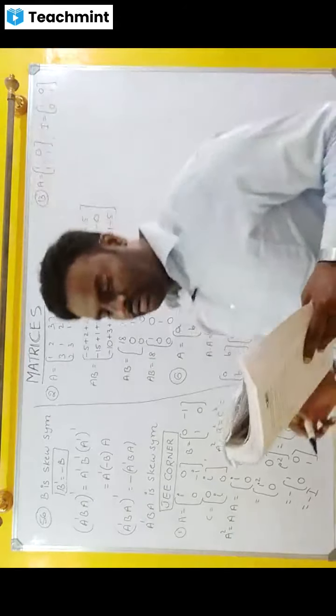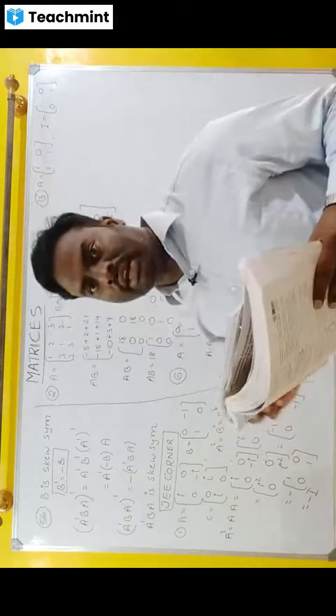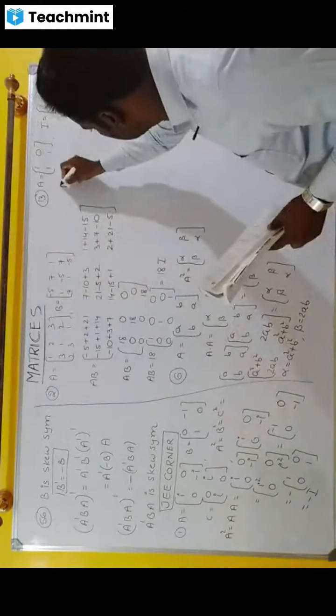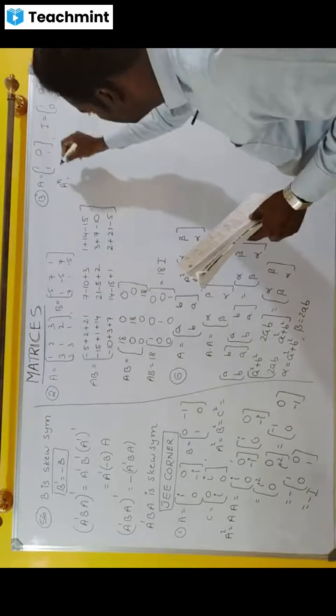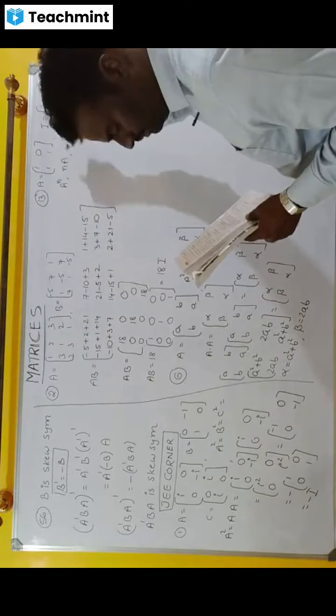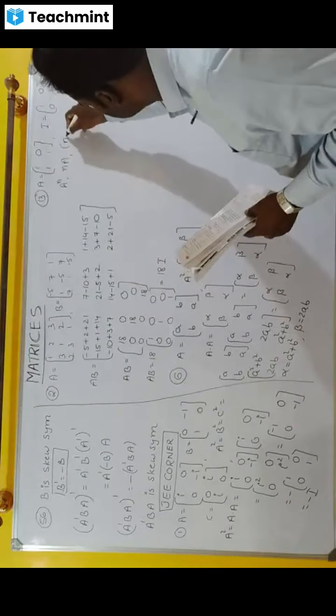Here we need to find one condition: A to the power n equals nA minus (n minus 1) into I.